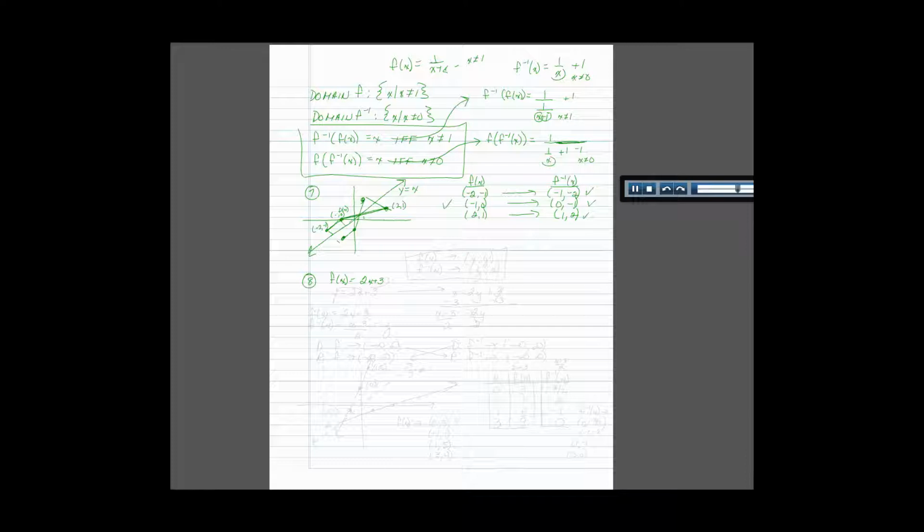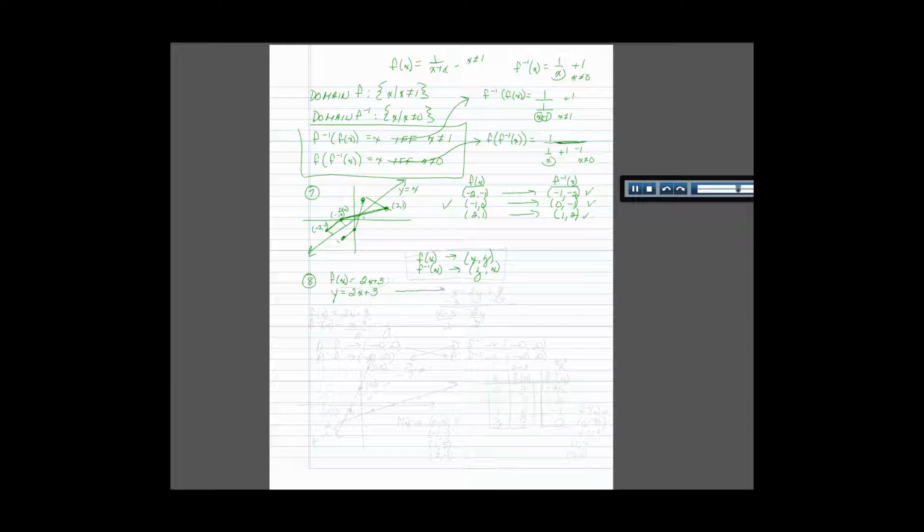Now, since we know that a function that's defined, f of x, has a point (x, y), its inverse function has a coordinate point (y, x). Then the way that you do this is you take your original function and you rewrite it as y equals 2x plus 3.